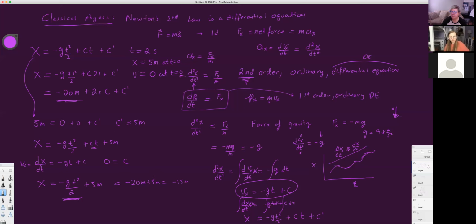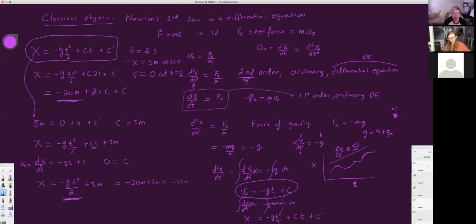So notice that we took Newton's second law, and we just said, we're going to have a force, and that force is going to be the force of gravity. And then we were able to get to a point where we have a solution to the differential equation, but it's not complete until you have the correct number of initial conditions. And this is true for all differential equations. So differential equations have to have either initial conditions or boundary conditions, and we'll see what those are in a little bit.